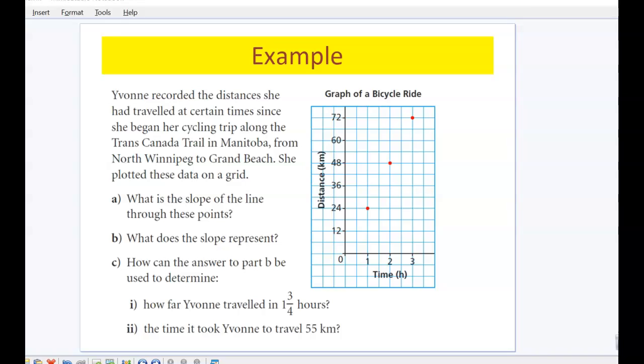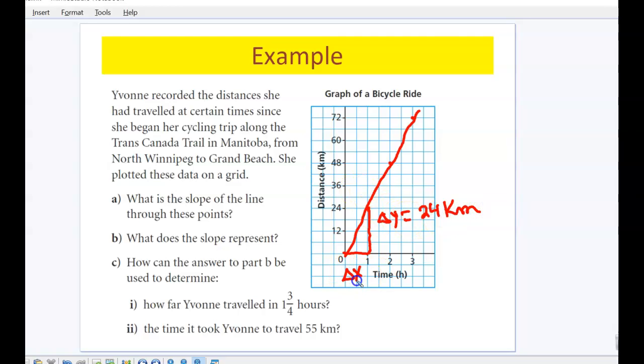In our last example, we're looking at an application question, and Yvonne recorded the distances she traveled at certain times since she began her cycling trip. What is the slope of the line through these points? Well, again, if I was to draw a straight line through these points, this would be my change in y. In this case it is 24, and my unit in this case is kilometers.